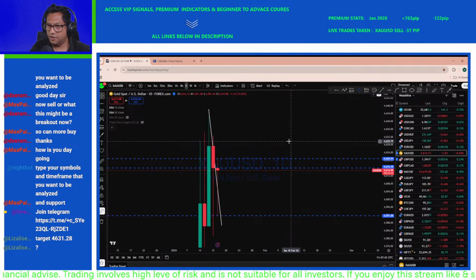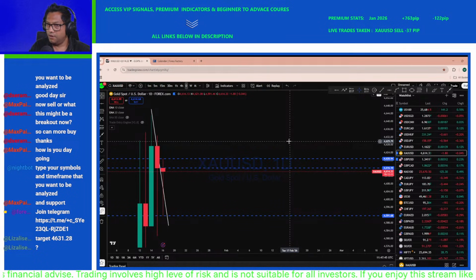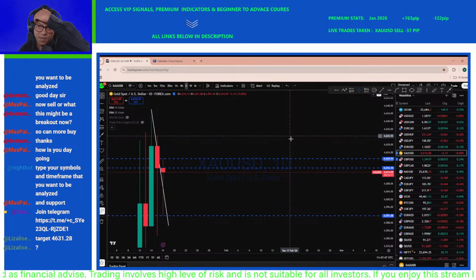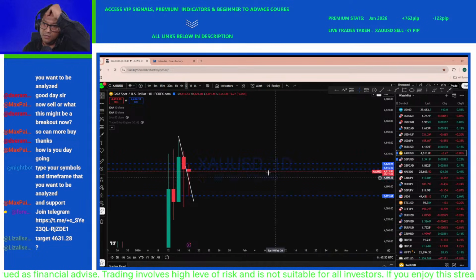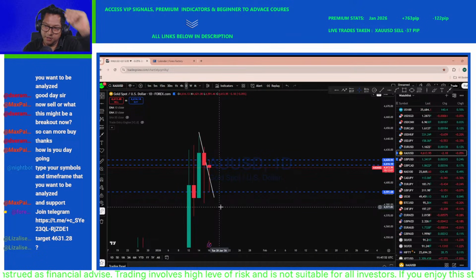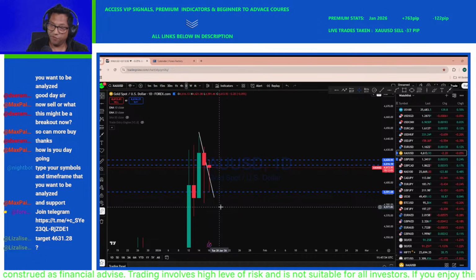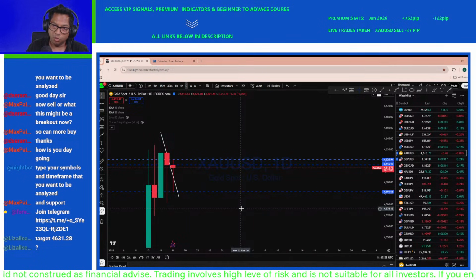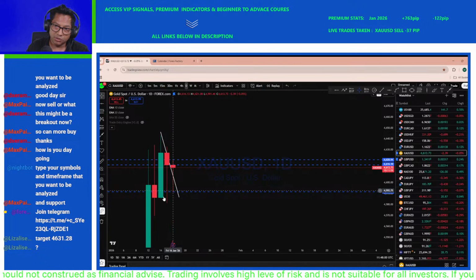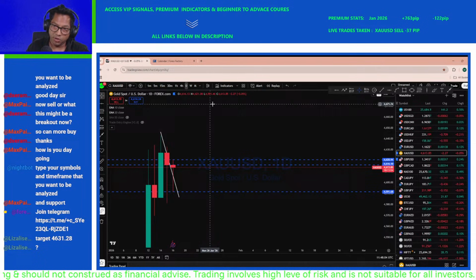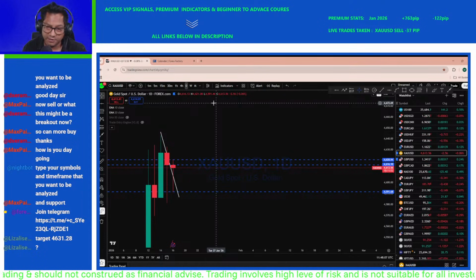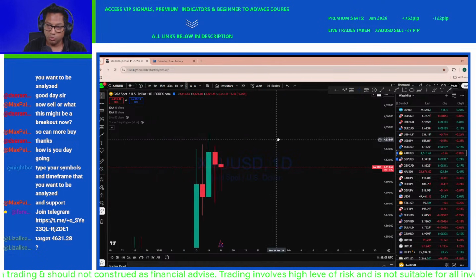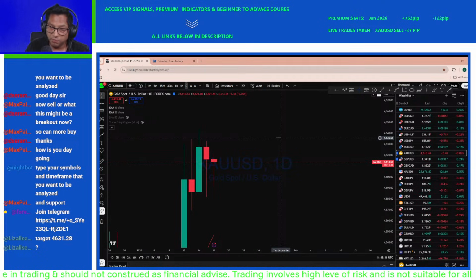The previous daily high is... I think there is another possibility for another drop here to the daily low at 4591, and without breaking this low here, it is less likely to go directly back up to create a new higher high. Let me explain to you guys why I think so.